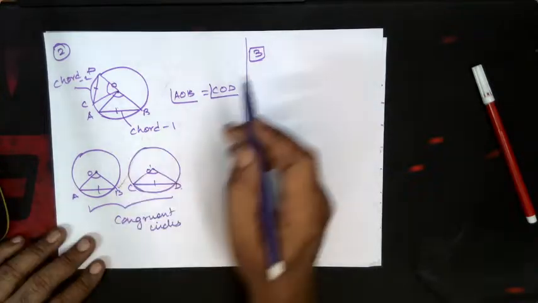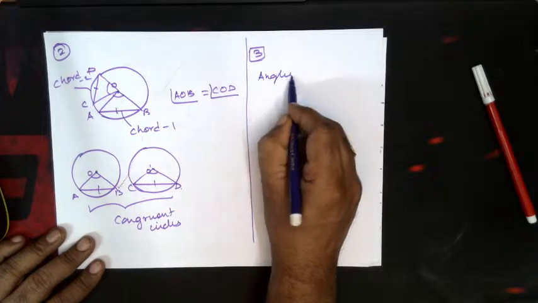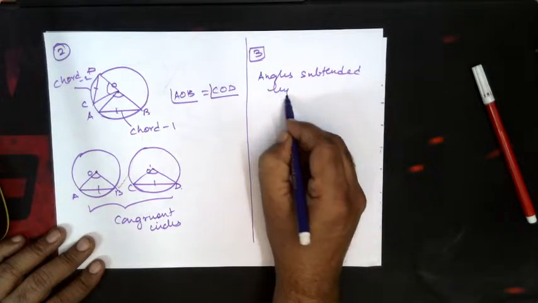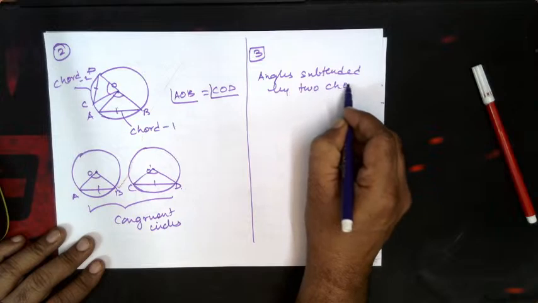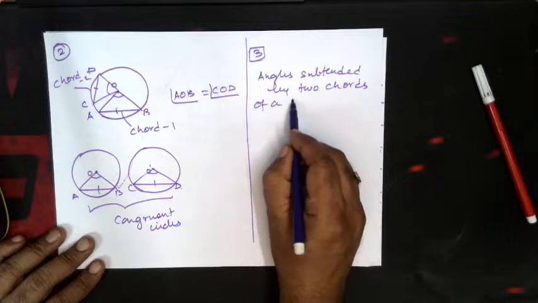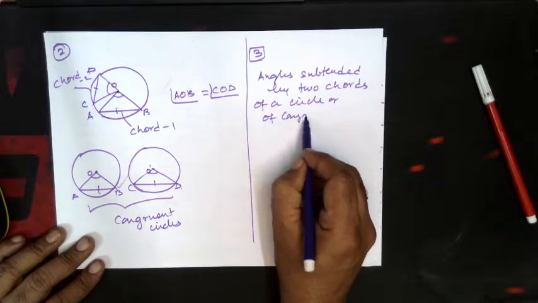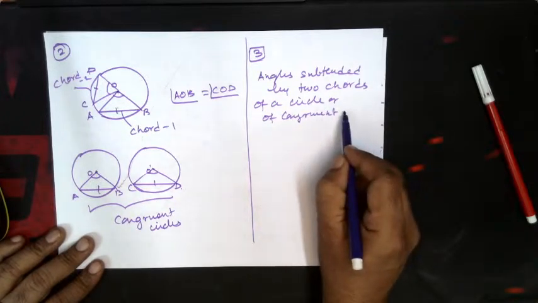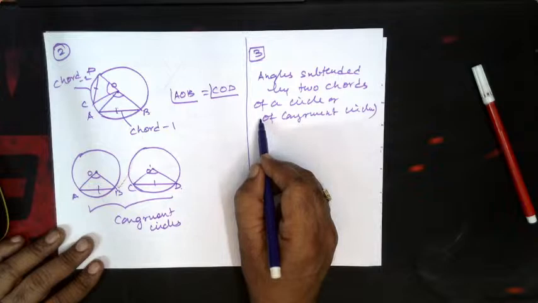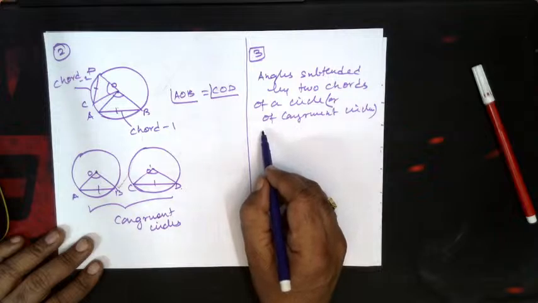If the angles are subtended by 2 chords of a circle, or of congruent circles, okay, of congruent circles, at the center.